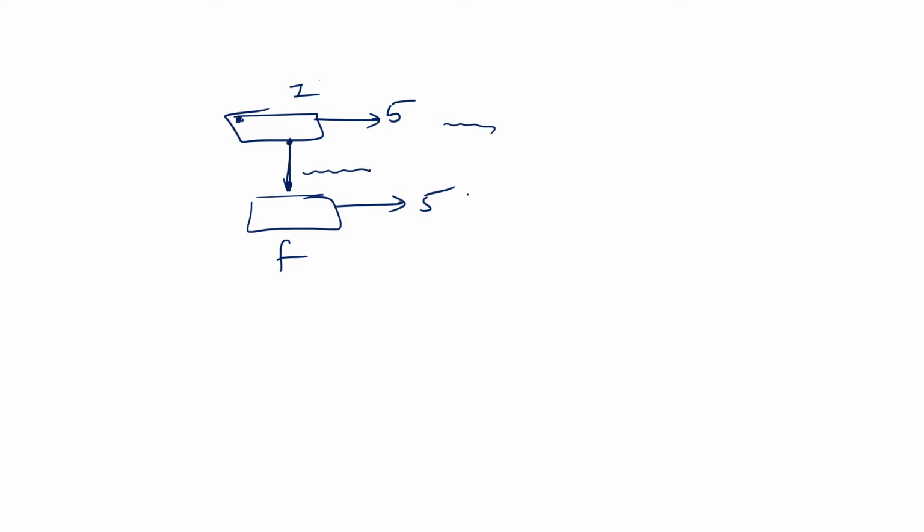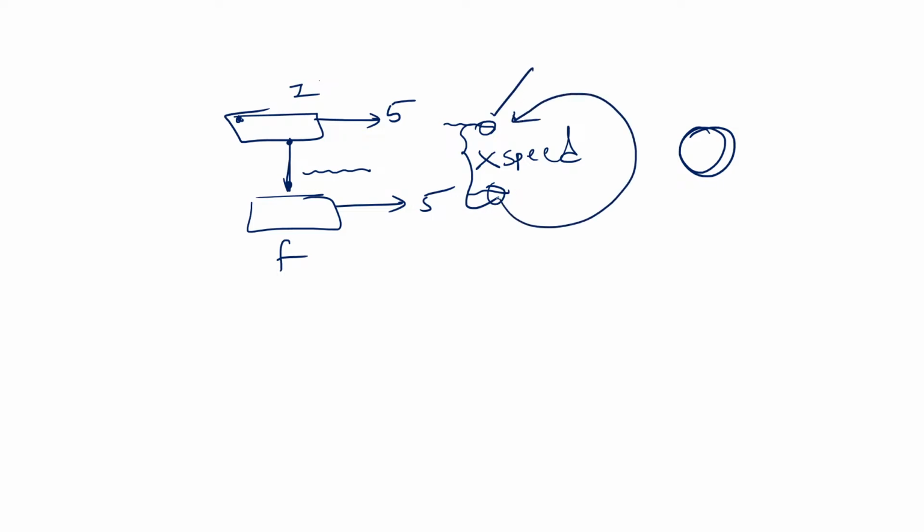Even though we both are moving, we are not feeling any speed with respect to each other. Why? Because we are moving in the same direction with the same speed. So if there is no actual difference between us, it means we are actually feeling zero speed. This person is feeling zero speed of this person, and this person is feeling zero speed of this person. So that's what we are going to call relative speed: how much of the other person's speed you are actually feeling.